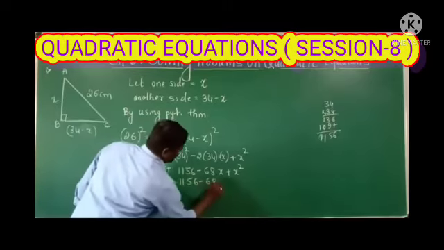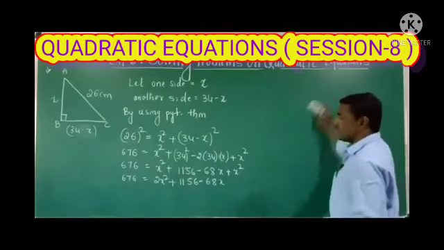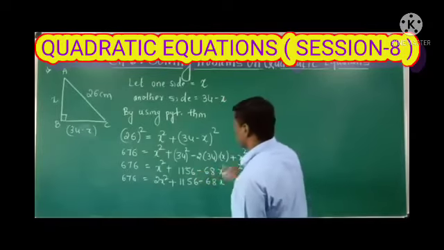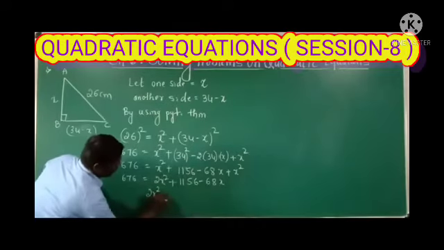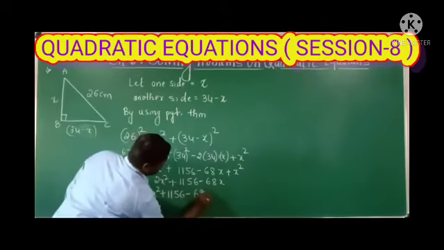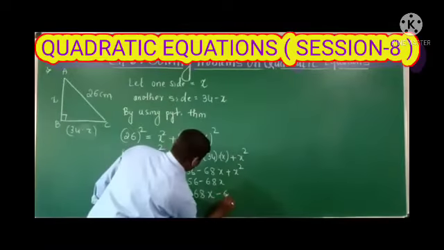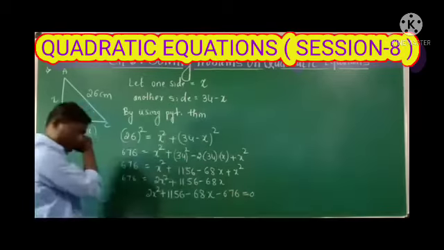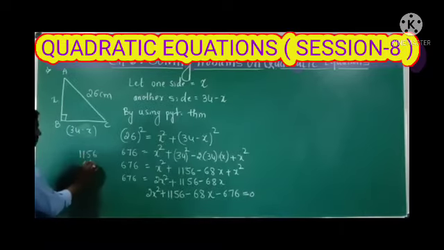1156 minus 68x. Now take all the terms to one side, either you can take the LHS side or the RHS side. So 2x square plus 1156 minus 68x. Take this 676 to the RHS side, 676 minus 676. Just subtract this one, 1156 minus 676.